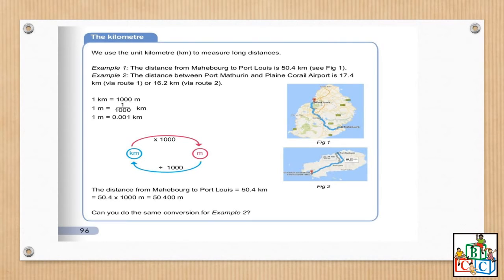Let us find the answer. You can write down in the space. 17.4 kilometers is equal to 17,400 meters. I hope you got the answer.